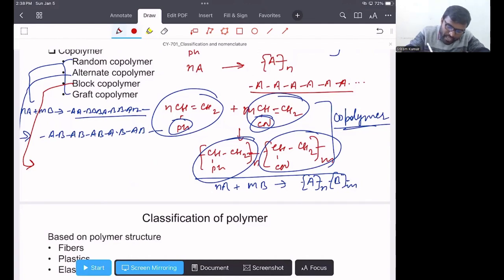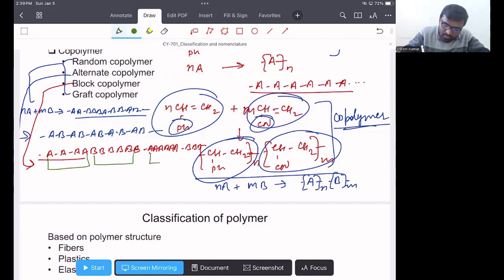For example, A, A, A, A, B, B, B, B, B, maybe A, B, B, B, B, B. So you have a block of A, a block of B, a block of A, and a block of B. Based on those blocks of monomers, you have the different block copolymers, and this kind of arrangement of the monomer in the polymer is called block polymers.